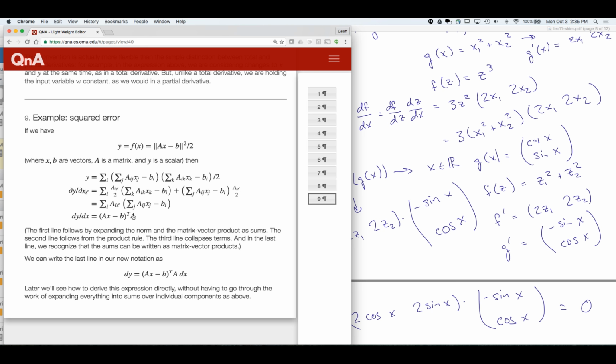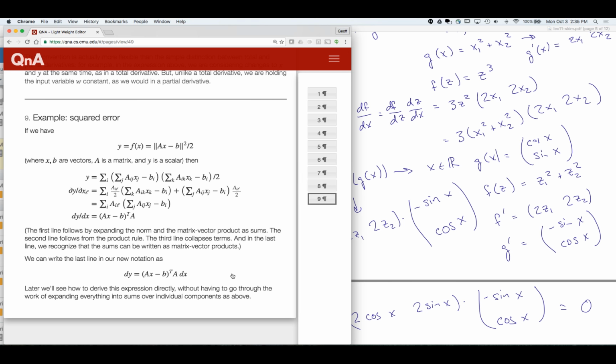And we'll see, probably not this class, but maybe next class, that we can get this expression directly and quite quickly, much shorter than this. We can get this expression directly by working with matrix differentials.